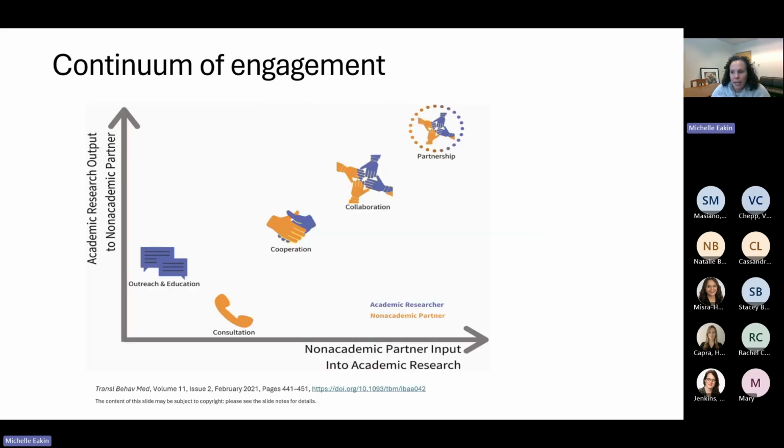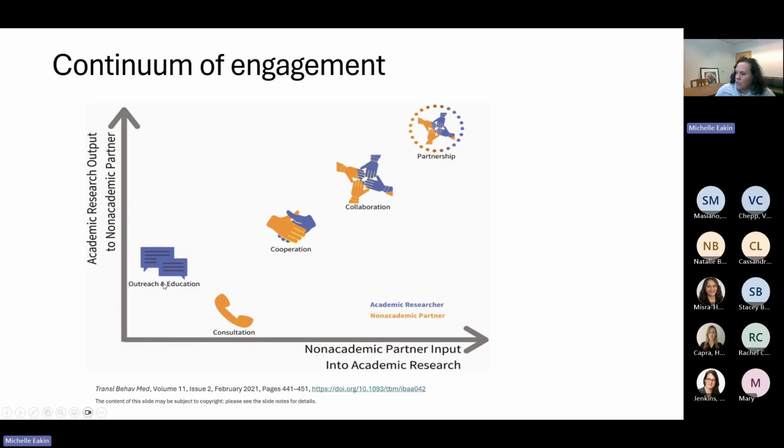And this kind of resulted in a continuum of engagement where you can see the non-academic partner input into the research versus the academic research partner output to the partners. So true partnership is where they're both equally giving input.